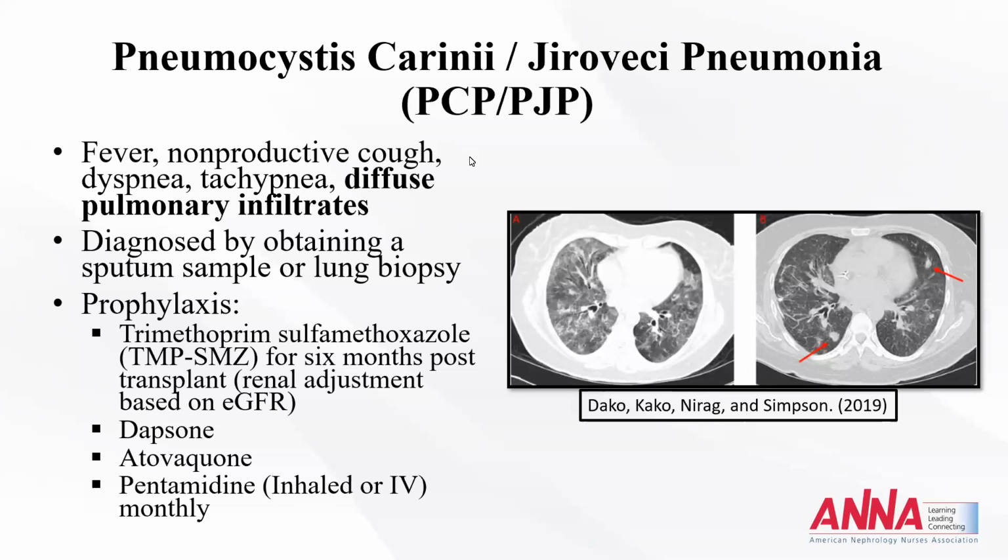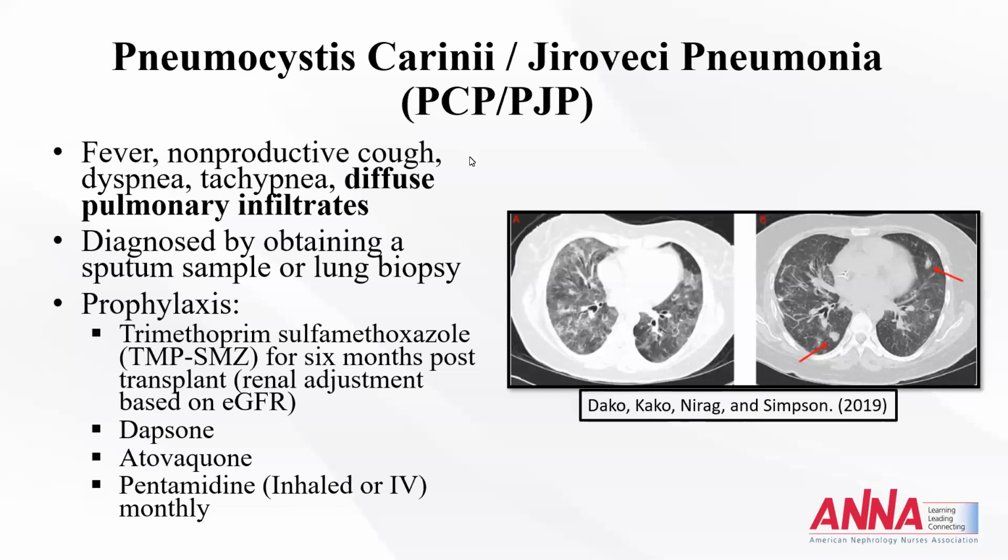You will see a little infiltrate, and usually the radiologist or the team will recommend other imaging to confirm that it really is PCP or PJP. It usually has to be confirmed by obtaining a sputum sample or a lung biopsy, so a bronch in this population, just to get a sample to confirm that is actually what we're dealing with. Prophylaxis is standardized.